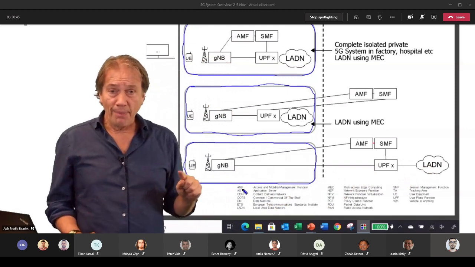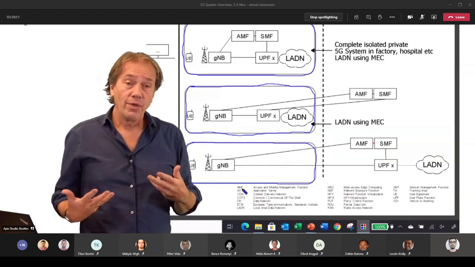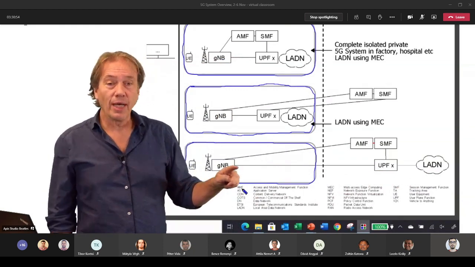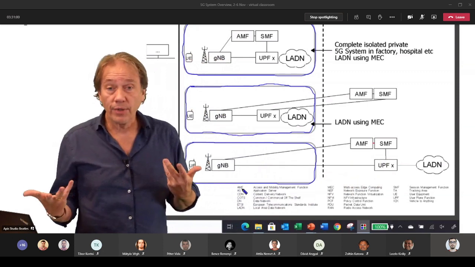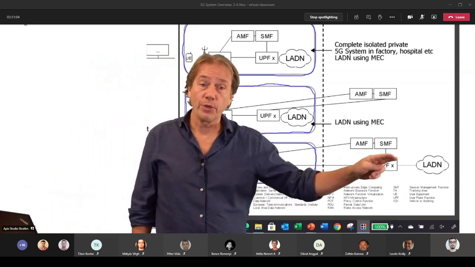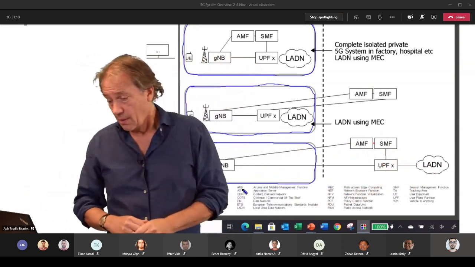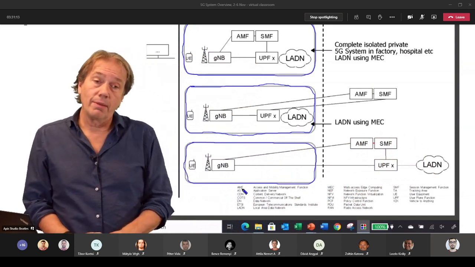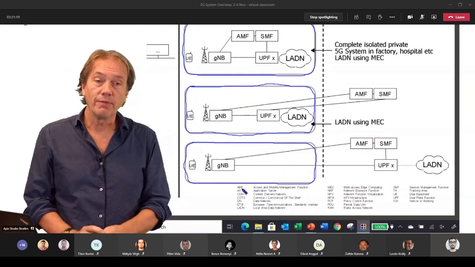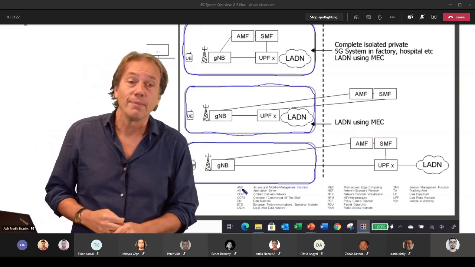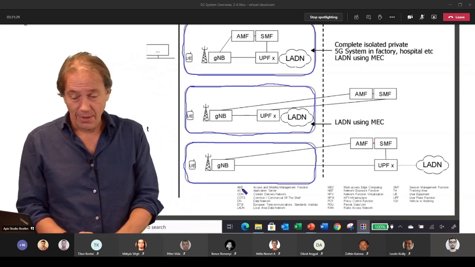Well, if the application is not latency sensitive, and also if we don't worry about overloading the transport network here and here with the heavy content, why not have the core network things and the data network somewhere else, maybe in a data center far away, maybe in a different country, maybe in northern Sweden, where they build a lot of data centers now because it's cold, which means that the cooling is more or less for free.